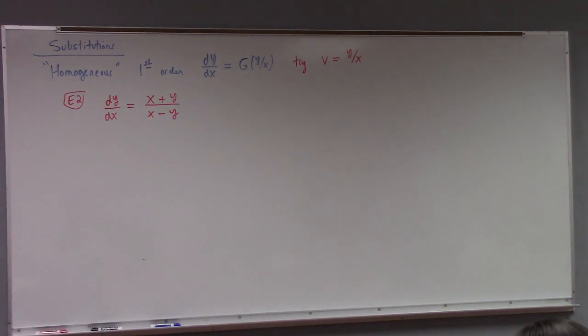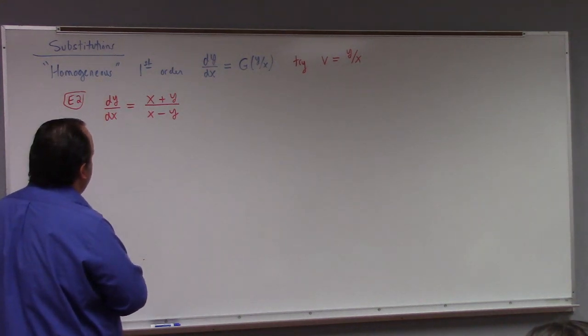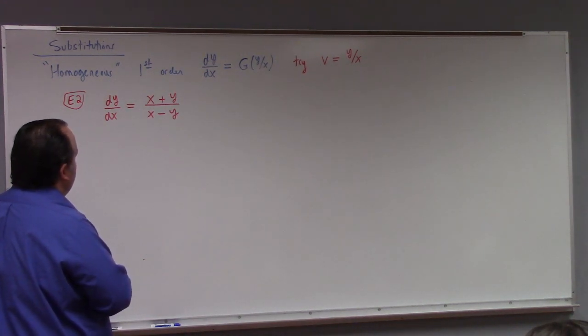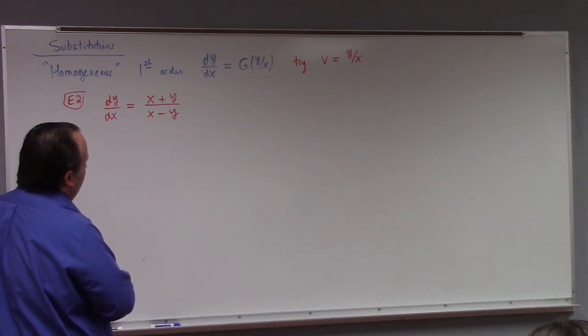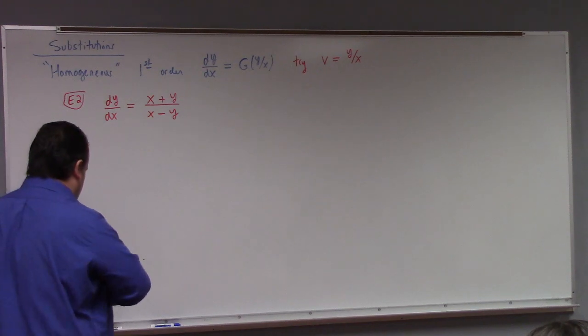So at first glance, this does not look like a homogeneous type problem, right? But if you try this, it's not linear, it's not separable, and I don't think it's exact either. Is this exact?